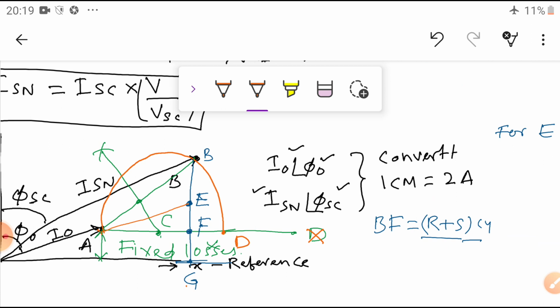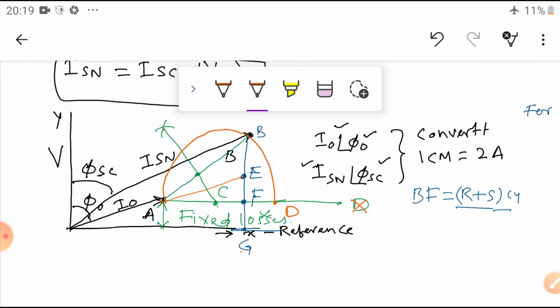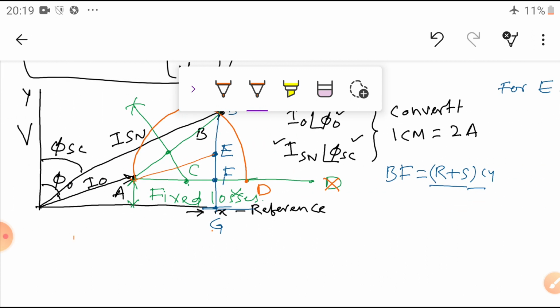How are we going to find the operating point? First, measure the length of BG here, for example, how many centimeters. Suppose it is 4 centimeters.